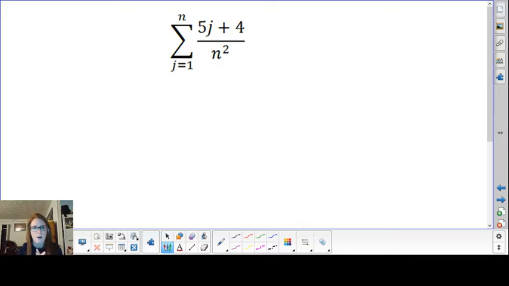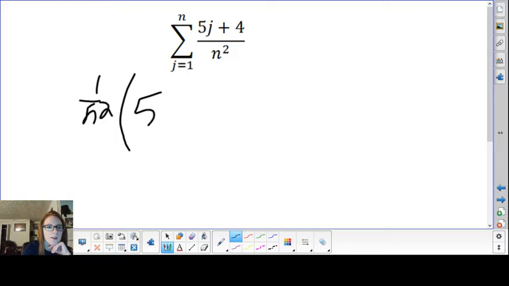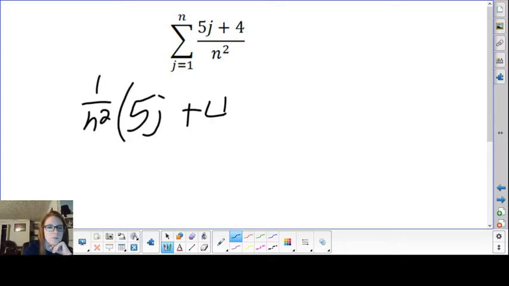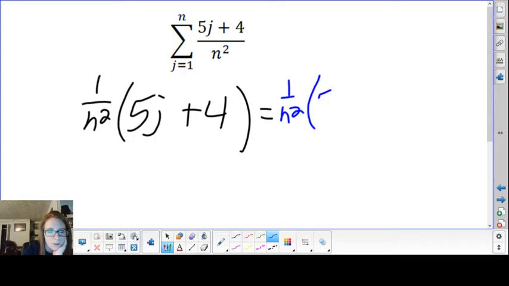Again, my lower bound and my variable in my summation match. Yes, I know it's not an i, but it's the same process. So we're going to start by taking out the 1 over n squared. And I'm left with 5j plus 4. Oops, see, I'm so used to writing i's. And we're going to go ahead and replace those guys with 5 times, j is the same thing as just having an i.